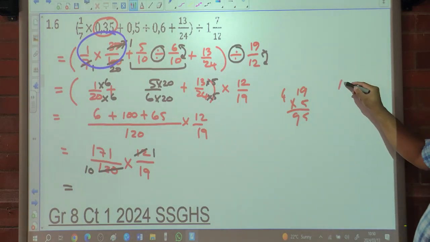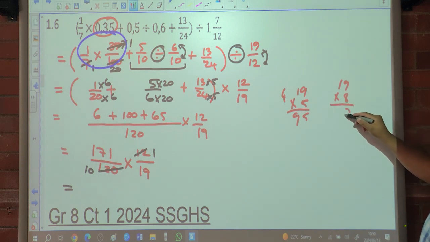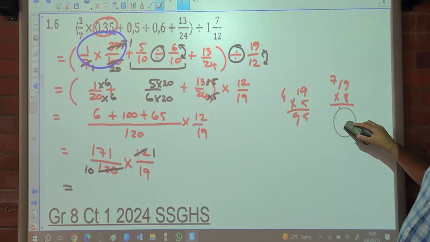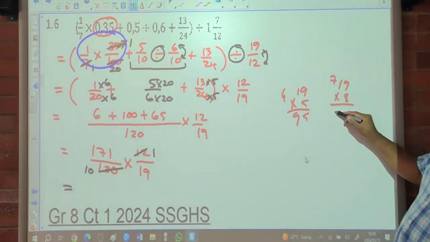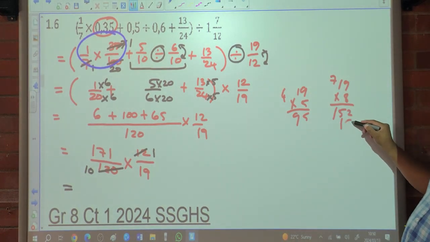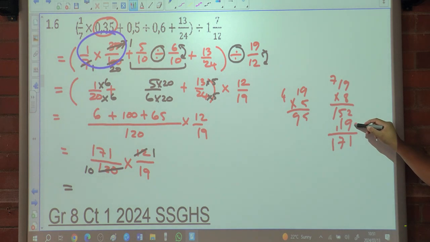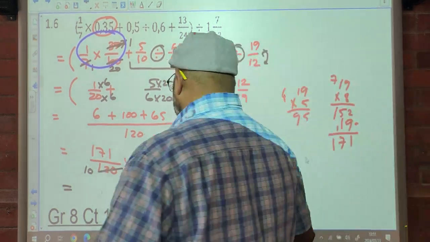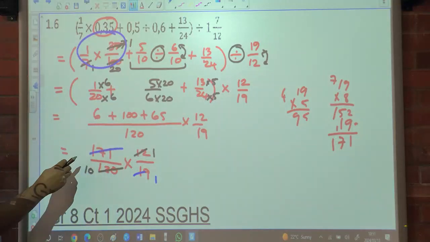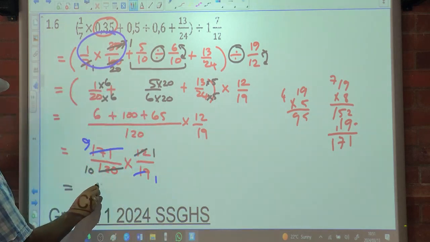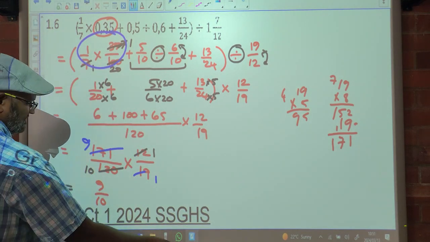So let's go 8. 9 times 8 is going to give you 72, it's going to give you 152. Plus 19 gives me 171. Can you see that? So it's 8 plus 1 is 9 times. Can you see that, people? How about this? So you say 19 goes into 19 once, 19 goes into 171 9 times. So what's my answer? It's going to be 9 over 10.